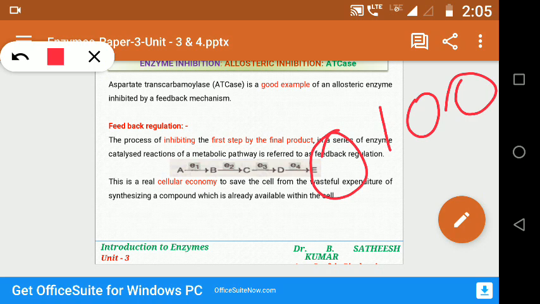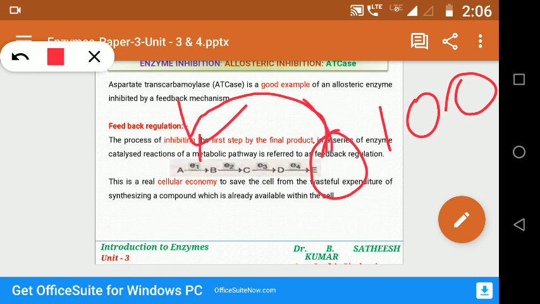In this case, E acts as an inhibitor for the enzyme E1. Here E1 is the key enzyme involved in the regulation of this metabolic pathway. For almost all metabolic pathways, the first enzyme will be the key regulatory enzyme, which will be regulated by the final end product.